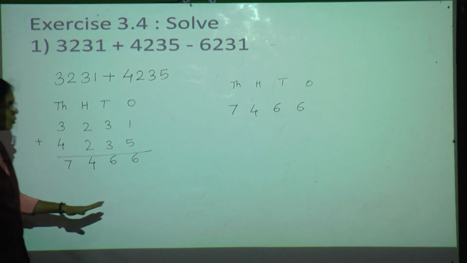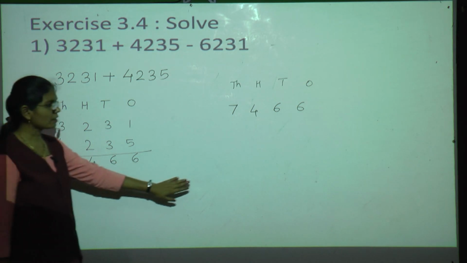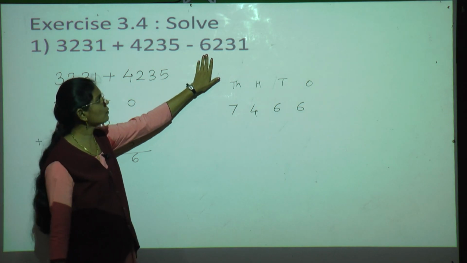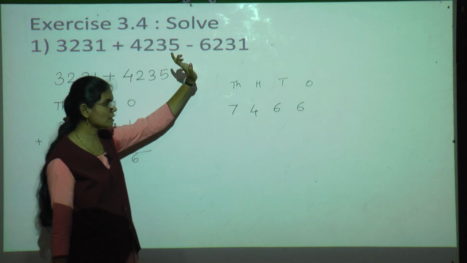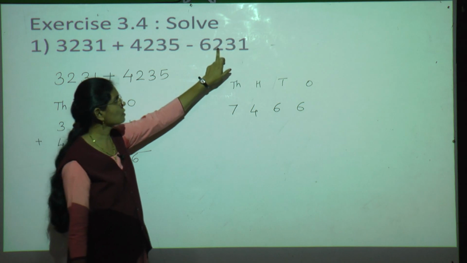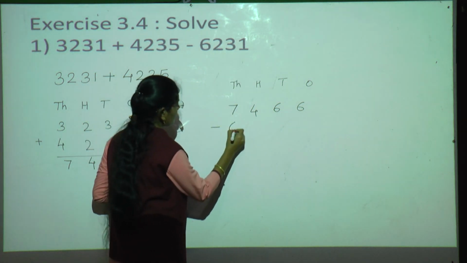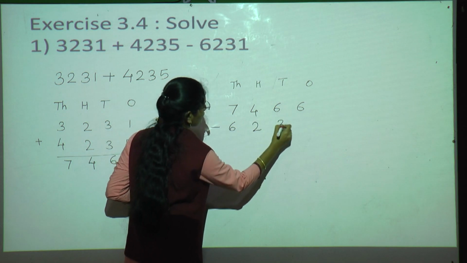Now you have to subtract the number which has the minus sign before it. Which number is that? This one, 6231. So write this number and do the subtraction.